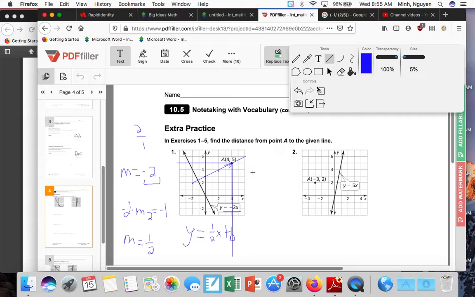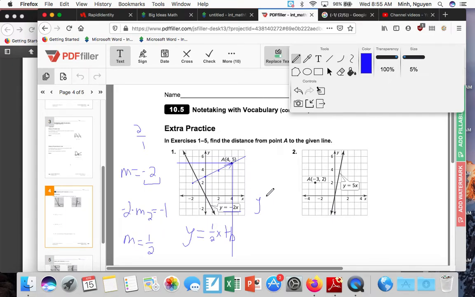Before I can calculate, I need to know what this point is. How can I do that? There are a variety of ways we can do this. First, we can see that the y-intercept is 3.